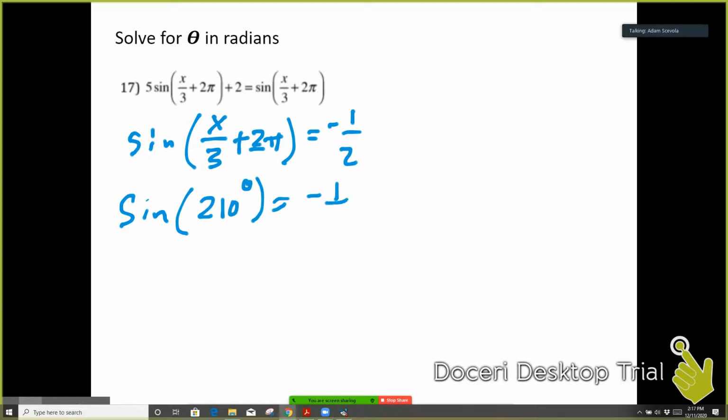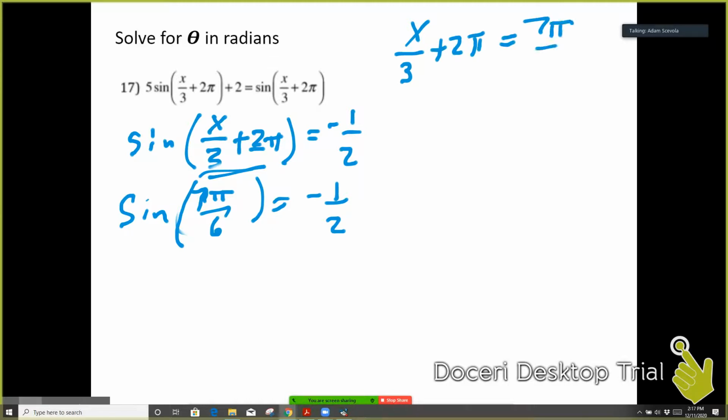But I want that in radians, so I'll make that 7 pi over 6. In other words, we want x over 3 plus 2 pi to equal 7 pi over 6.